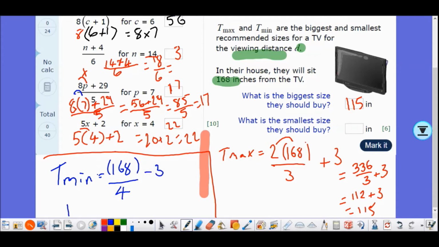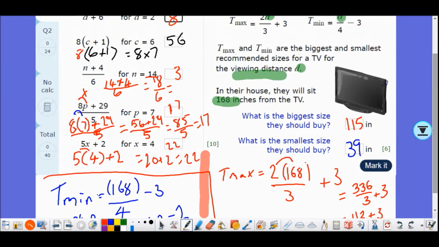Okay, so I'm just going to do that division over here. 4 goes into 1 0 times, carry the 1 backwards. 4 goes into 16 4 times. 4 goes into 0 remainder. 4 goes into 8 twice. So I've then got 42 take away 3, which is going to give me 39. So the minimum TV size is going to be 39 inches, and the maximum TV size is going to be 115 inches. And that's part 1 of the homework complete.